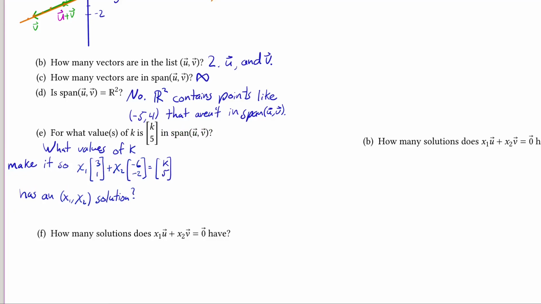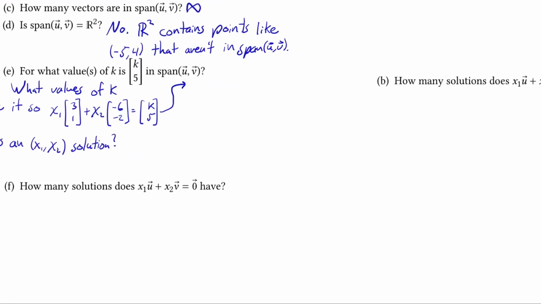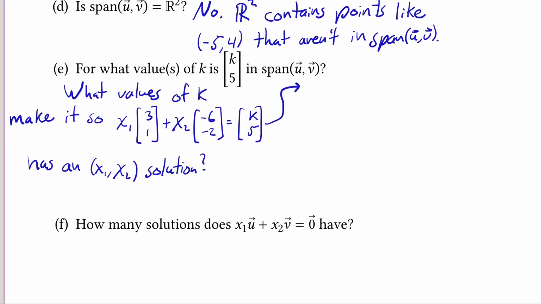So we're going to do the same trick as before, use the definition of scalar multiplication and addition to write the vector on the left of this equation as 3x1 and x1, added to the negative 6x2, negative 2x2 vector. We want this linear combination on the left to be equal to k5.